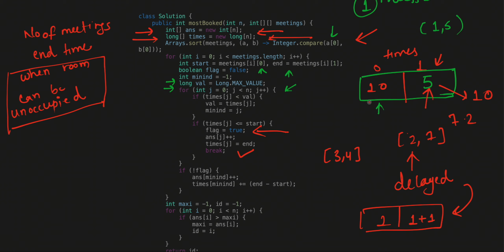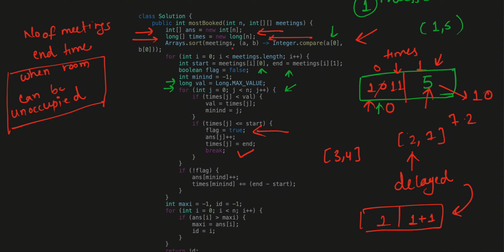I will be finding the minimum index where I can start this particular meeting. So it will get 0, at index 0 I can start my meeting, and it will get updated to 10 plus 1. So the unoccupied time of this particular meeting room will get 11.